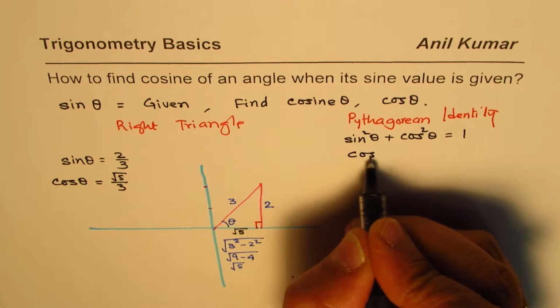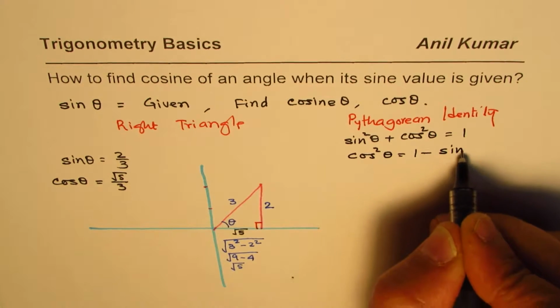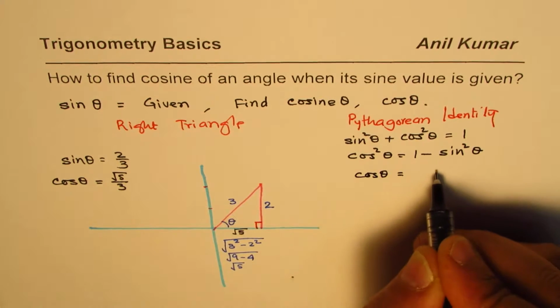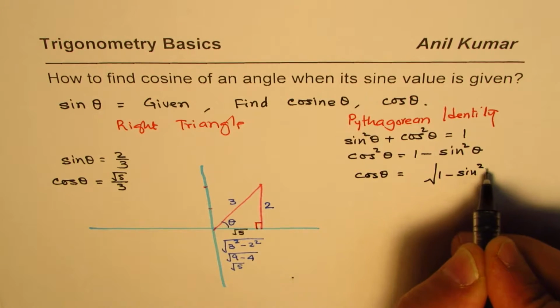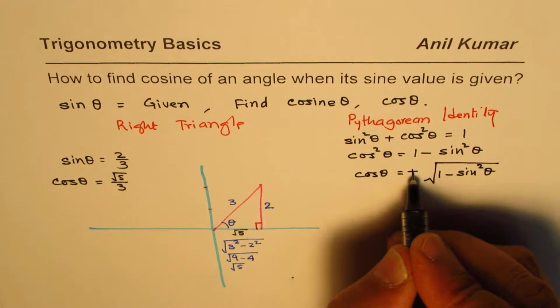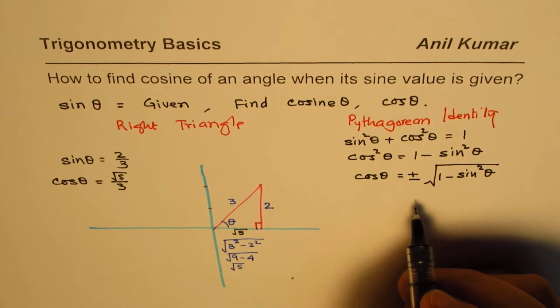So we say cos square theta equals 1 minus sine square theta, or cos theta equals square root of 1 minus sine square theta. And whenever you do square root, you write plus and minus, right? Because square of a negative number is also positive.